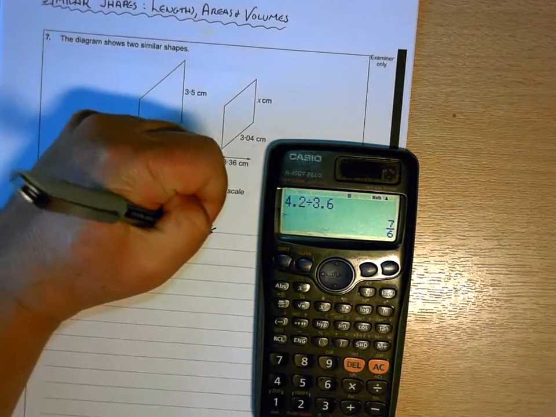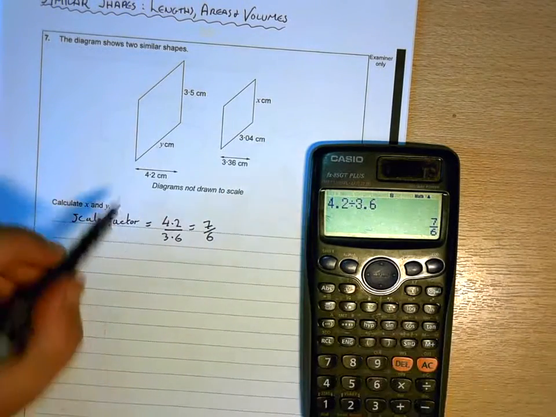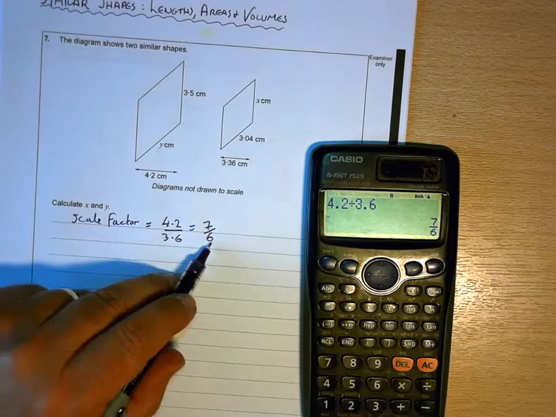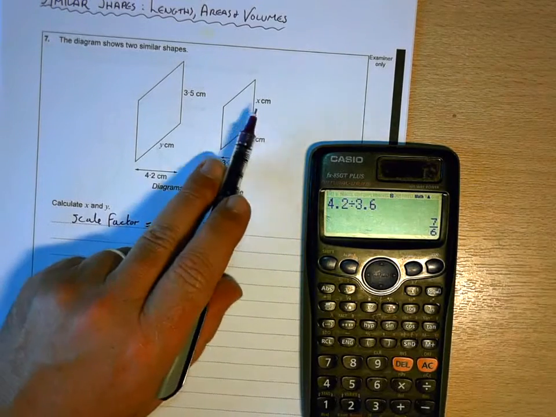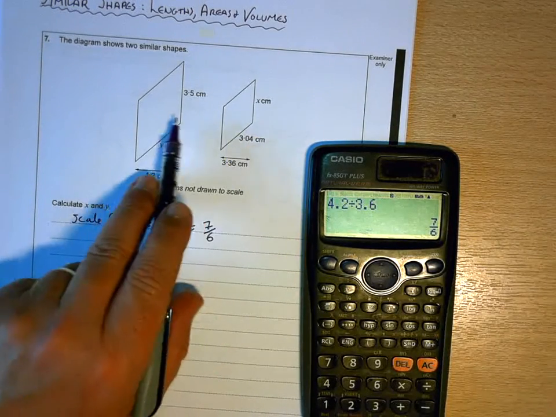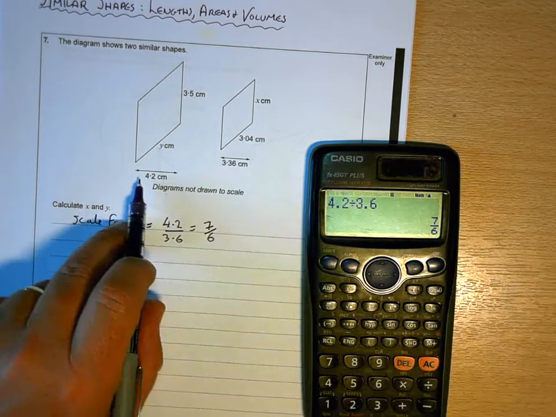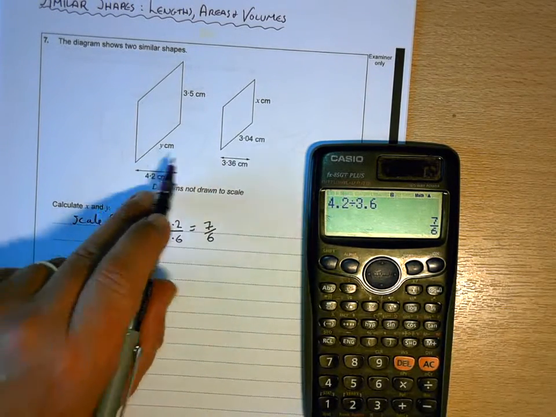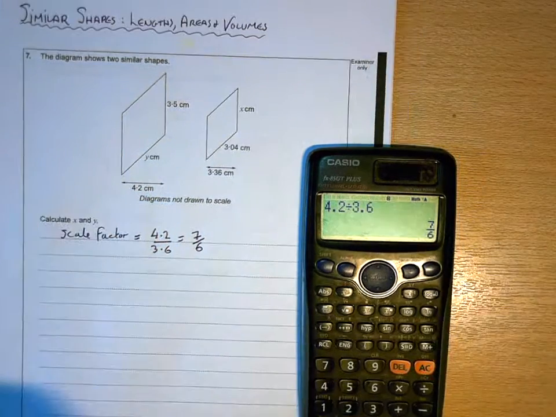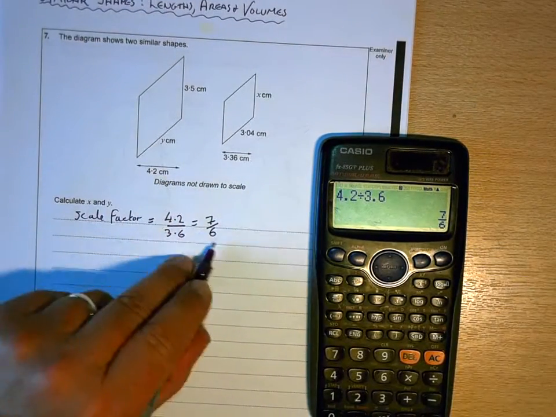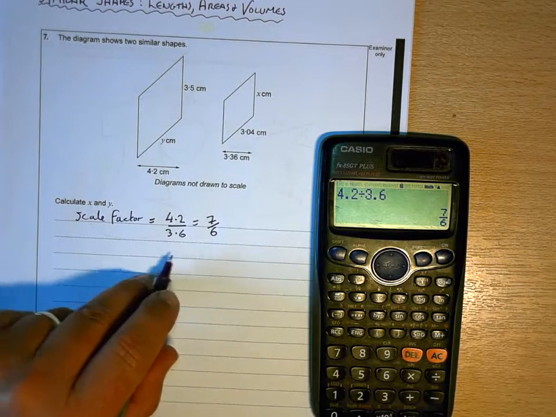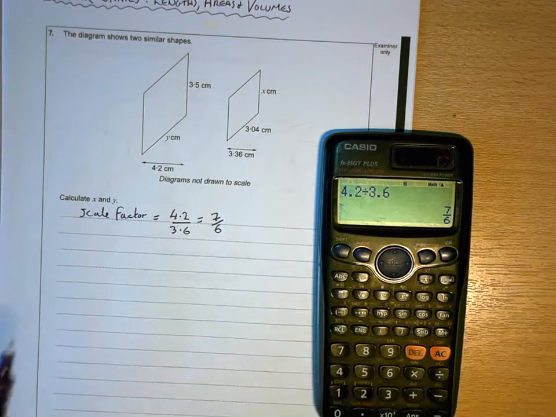So 7/6. So if we're enlarging, we're multiplying by that. So to take that shape and make it bigger, we're going to be timesing by 7/6. To go the other way, we need to shrink it, we'd be dividing by 7/6. So an enlargement, multiplying by that, reduction, dividing by that.